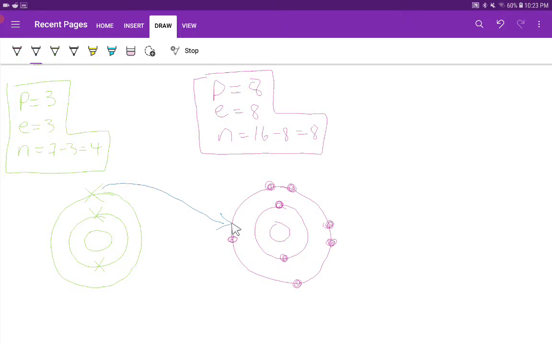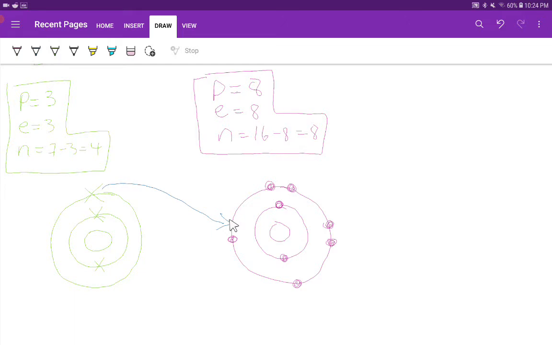Okay, it still doesn't have a full outer shell. Lithium has lost the electron that it needed to lose, so it will be fine. But oxygen is still not going to be full.